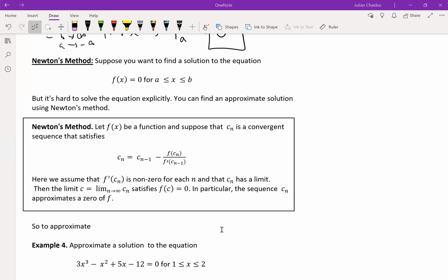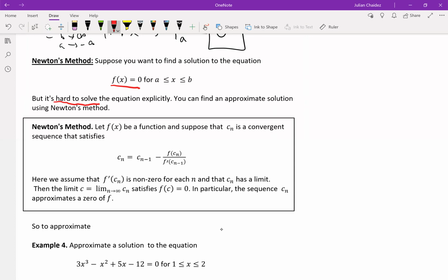Newton's method is a method for finding approximate solutions to the equation f of x equals 0 for x in some range from a to b. You might have a situation where that equation is very difficult to solve explicitly.